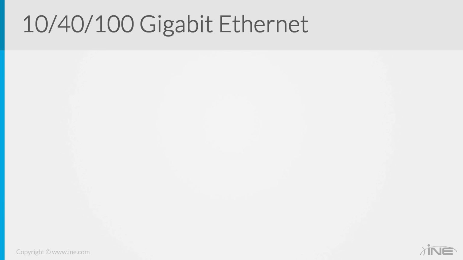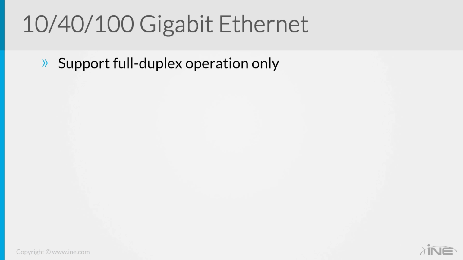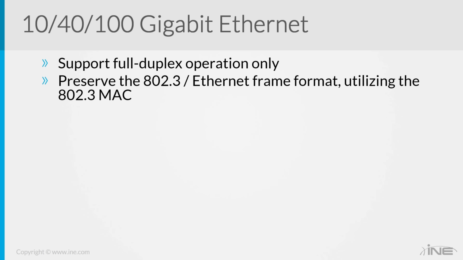You also have 10, 40, and 100 gigabit Ethernet. This supports full duplex operation only, which is obvious because it's gigabit. You preserve the 802.3 Ethernet frame format utilizing the 802.3 MAC address, and this is typically seen when you're deploying a Metro Ethernet switch or an ME3800 down to the customer's box.